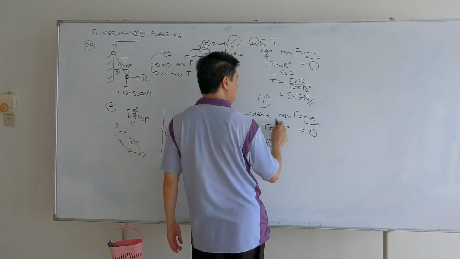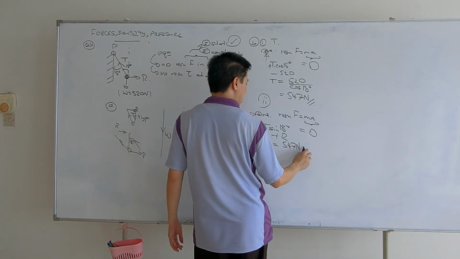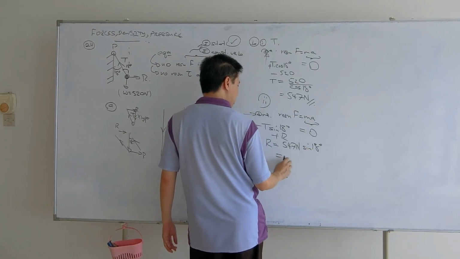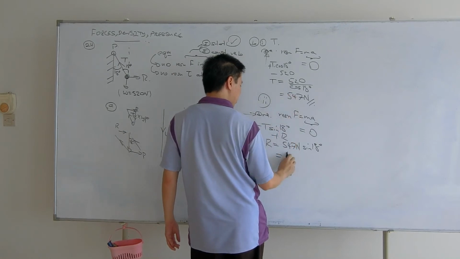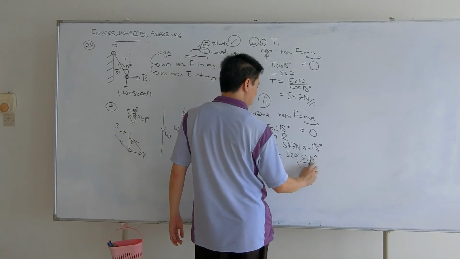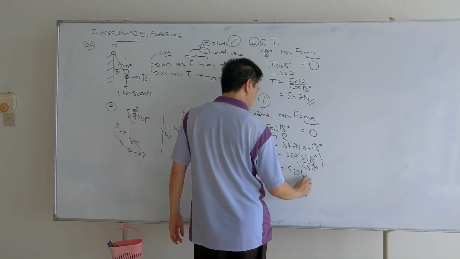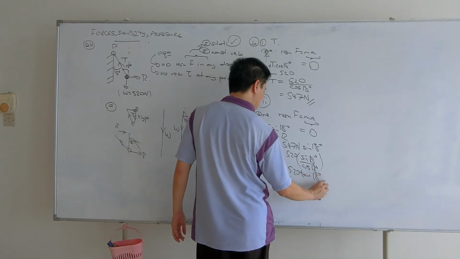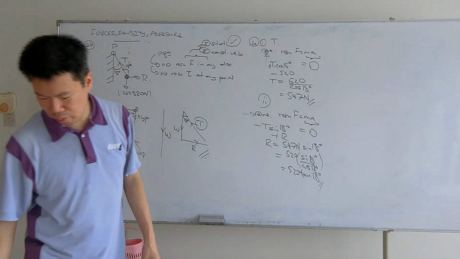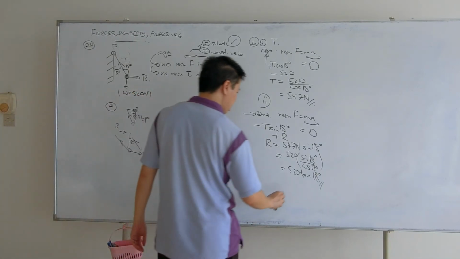R is equal to T, which is 547 newtons, sine 18. If you worry about significant figures, you can use the original value, which is just 520 sine 18 degrees over cos 18 degrees, which is 520 times tan 18 degrees. So you calculate this, you pause the video, and then once you unpause, you see the value to be around 169 newtons.